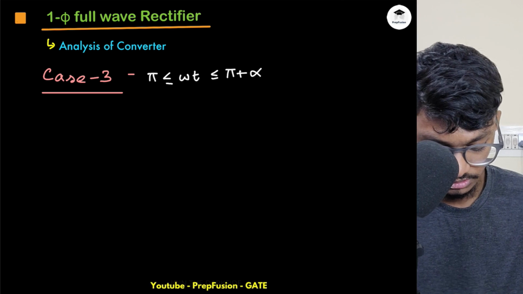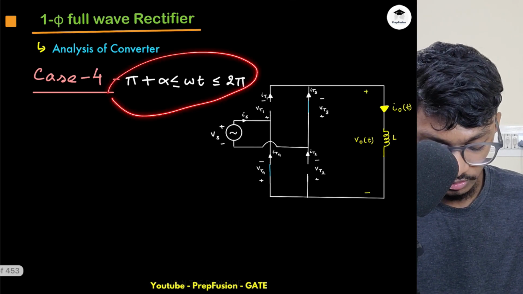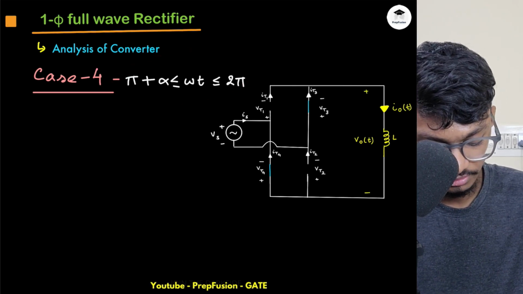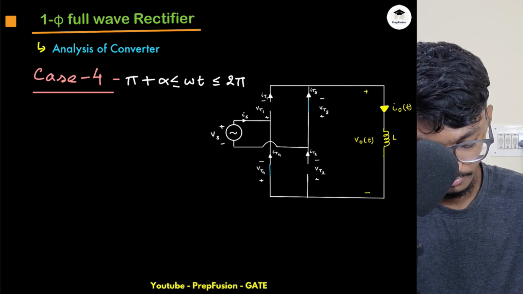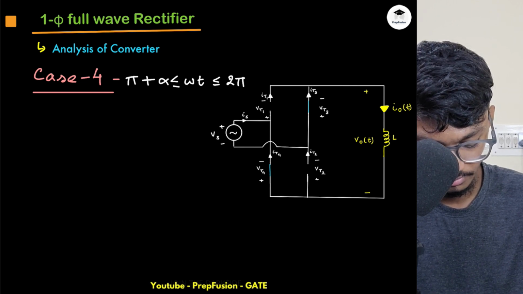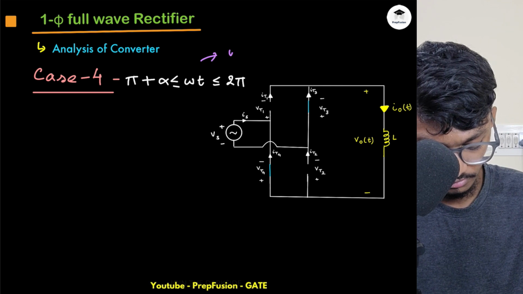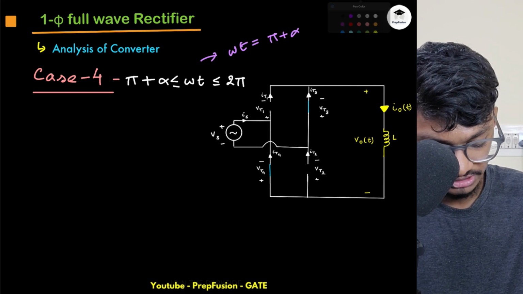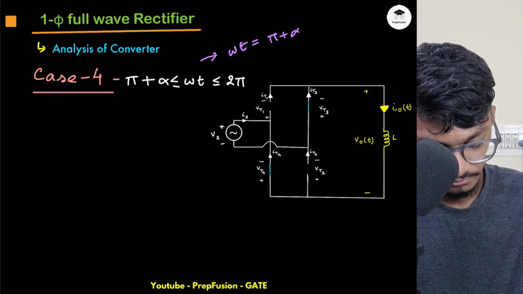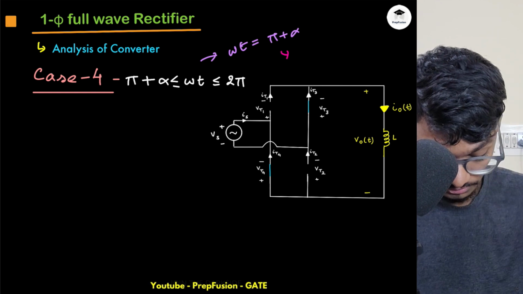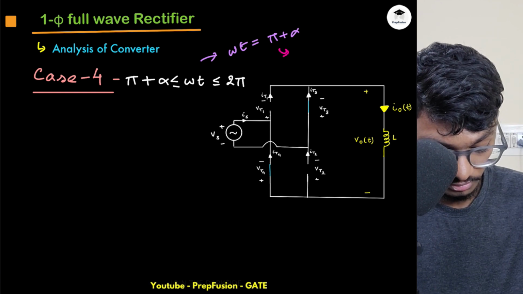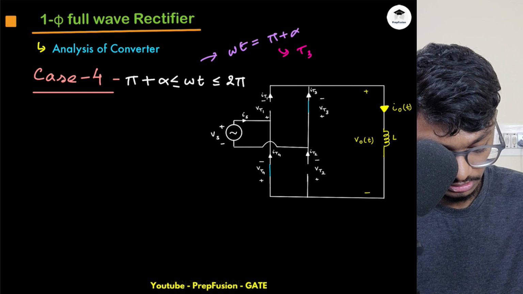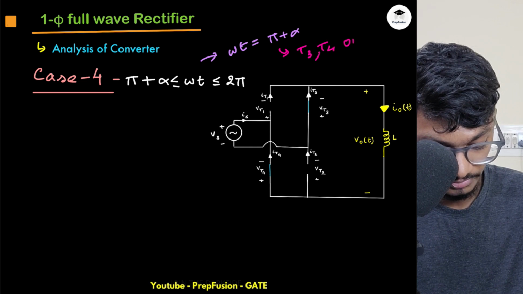Okay, at omega t equals pi plus alpha, T3 and T4 will be turned on.